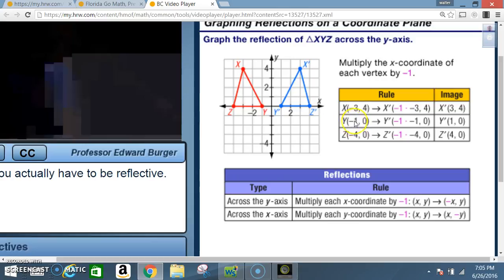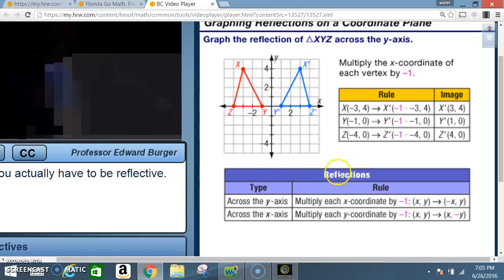If we multiply the x-coordinate by -1, we end up with +1 and then 0. For z, we're going to end up with -4 times -1. That's going to give us +4 and then 0. So once again, you multiply each x value by -1 when you are reflecting across the y-axis.